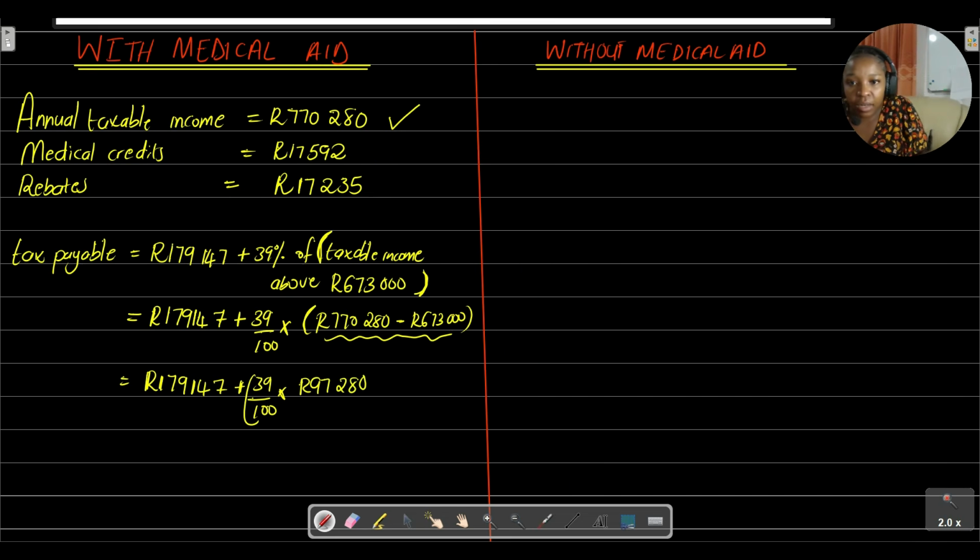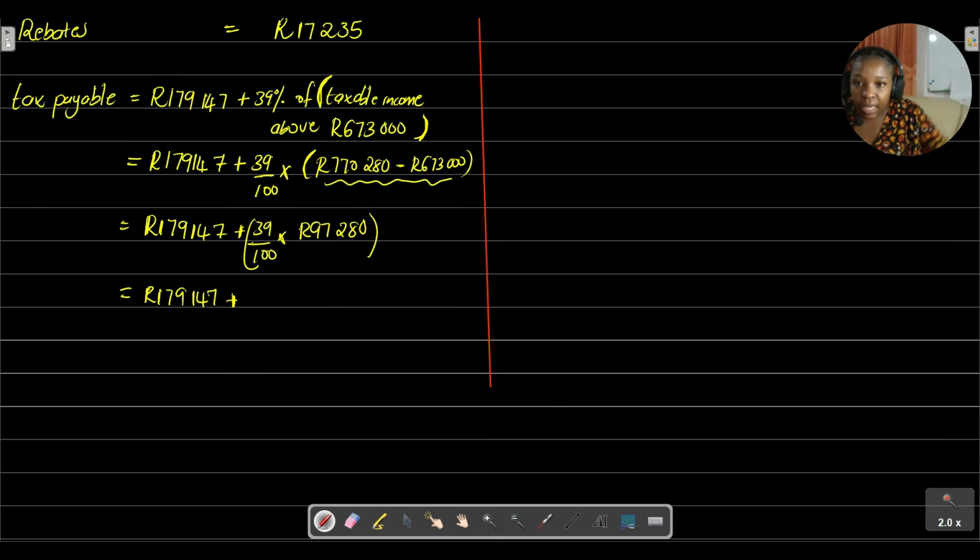It's going to be 97,280. Then we're going to first deal with the multiplication. So it's 179,147 plus 39 divided by 100 multiplied by 97,280. You basically are going to get 37,939.20.